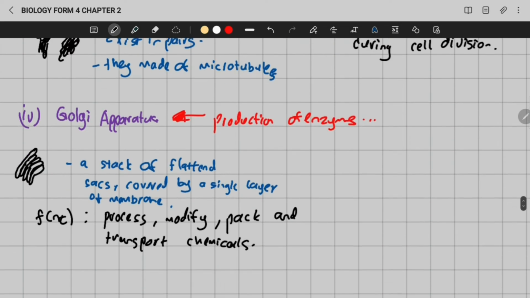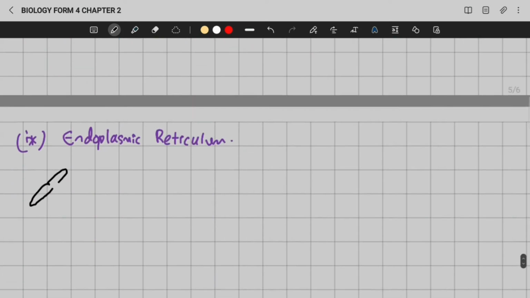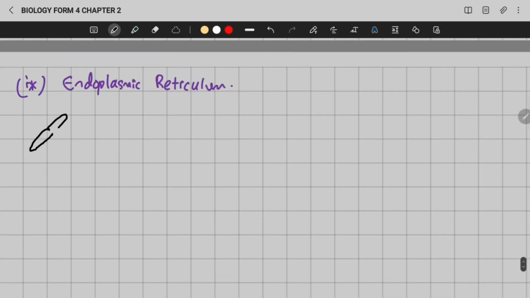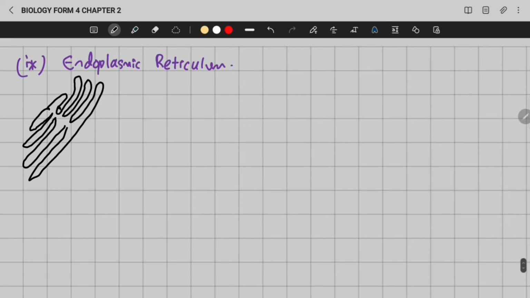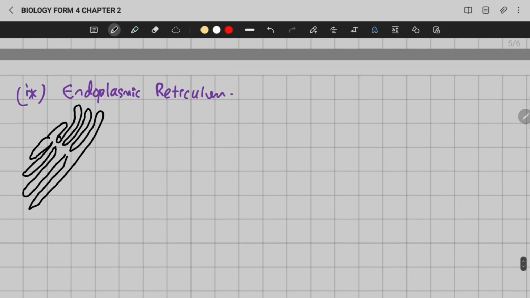I already learned this about structure, but I'm going to draw it again for your convenience. So what I drew is the smooth endoplasmic reticulum. Why smooth?